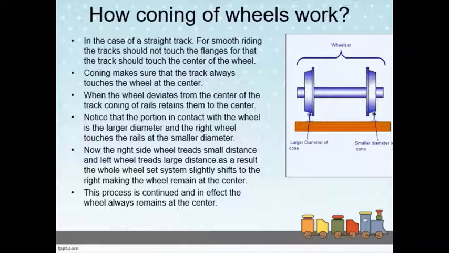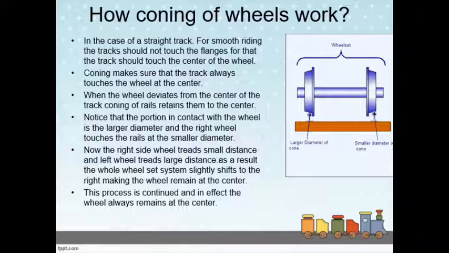When the wheel deviates from the center of the track, as shown in the figure, coning of the wheels retains them at the center. Notice that the portion of the left wheel in contact with the rail is the larger diameter, and the right wheel touches the rails at the smaller diameter.